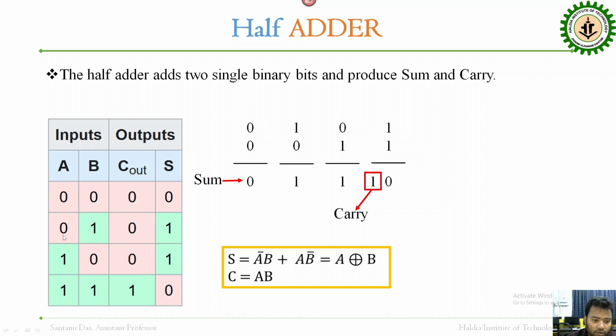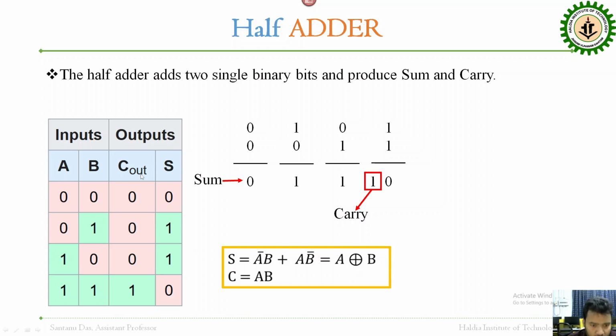That means in our input A is 0 and B is 1, so that is A bar B. Similarly, for this one, in input A is 1 and B is 0, so the expression is A B bar. And we already know A bar B plus A B bar represents A XOR B. So our sum is A XOR B.